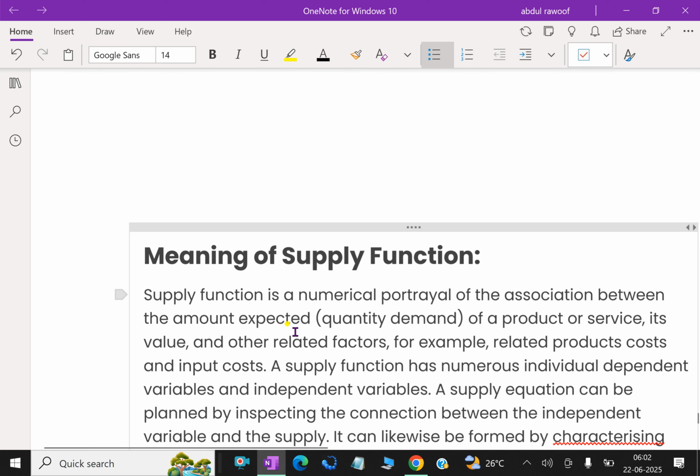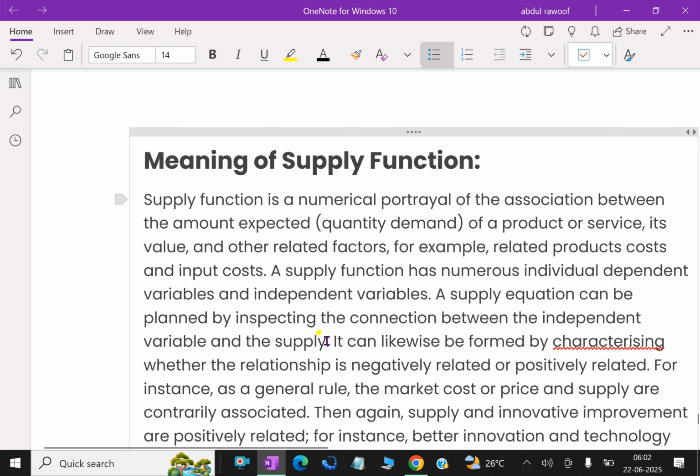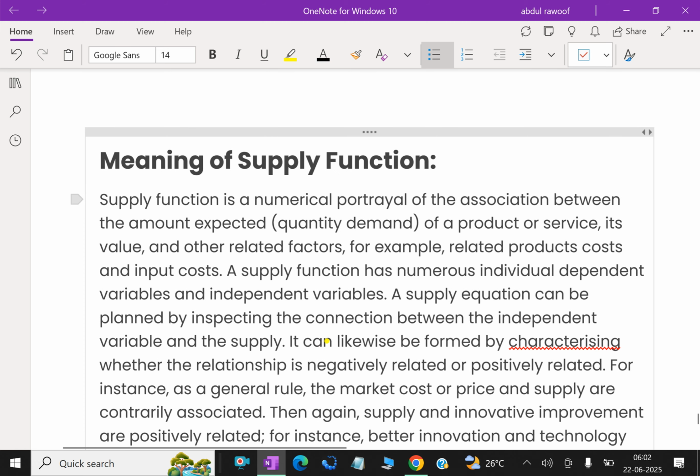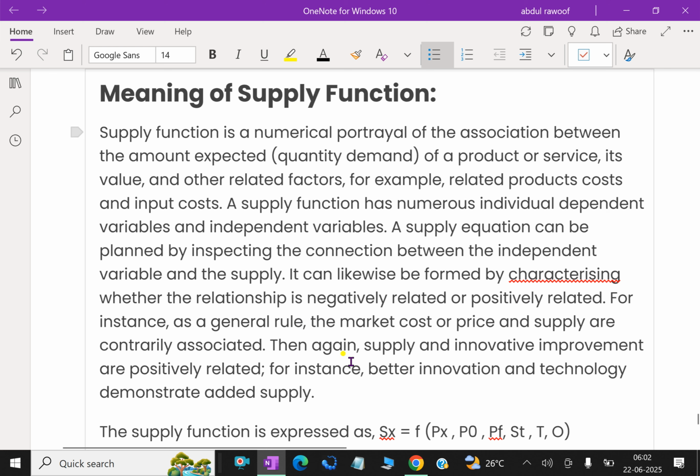Now, further, some detail. What is the meaning of supply function? A supply function is a numerical portrayal of the association between the quantity supplied of a product or service, its value, and other related factors, for example, related products' cost and input cost. A supply function has numerous dependent and independent variables.